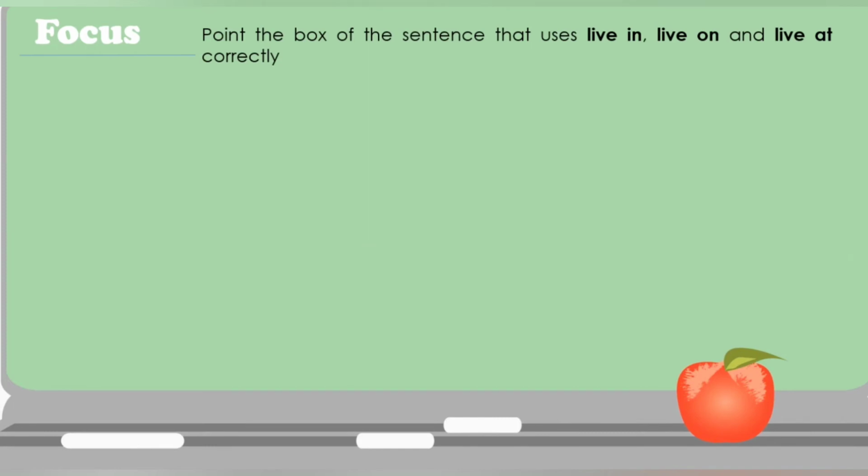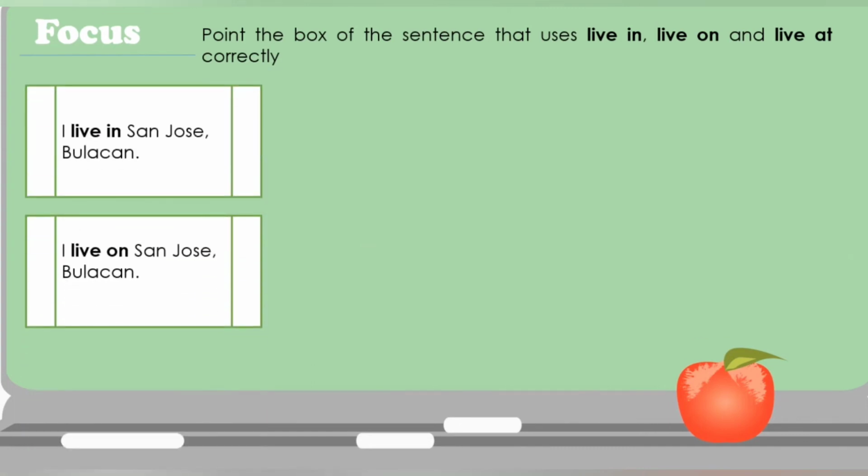Focus. Point to the box of the sentence that uses live in, live on, and live at correctly. In the first box, I live in San Jose, Bulacan. In the second one, I live on San Jose, Bulacan.